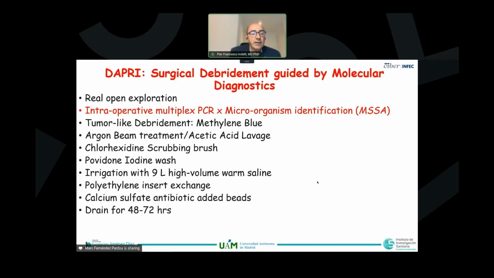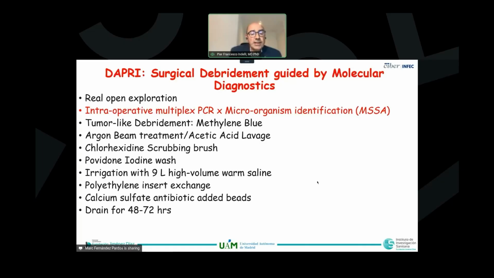During the open exploration, we performed the test intraoperatively, and this is a huge advantage of having a molecular testing technique available intraoperatively. So we identified intraoperatively the microorganism, which was an MSSA. We performed a tumor-like debridement guided by methylene blue as an intraarticular disclosing agent. We used the argon beam on the metallic component.